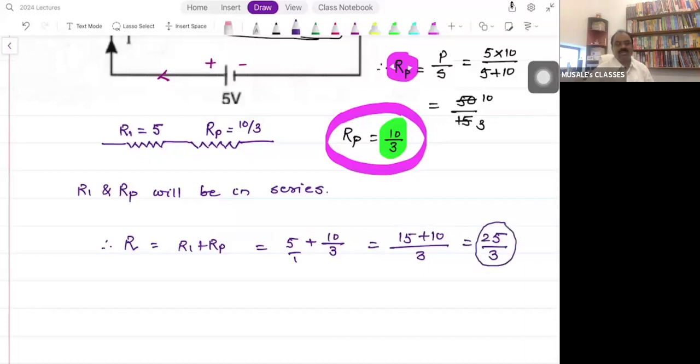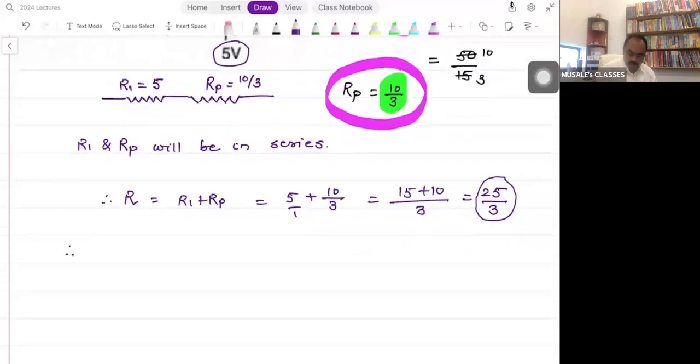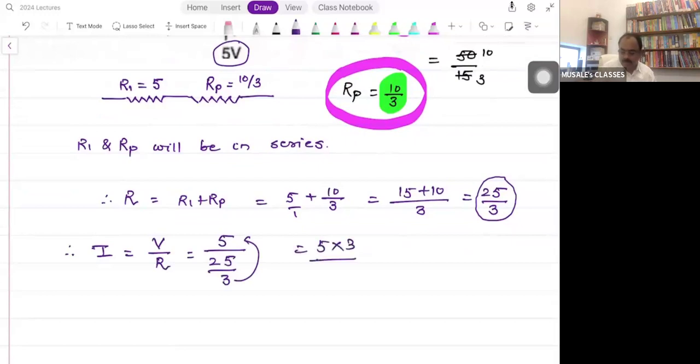आता त्यांनी पोटेन्शियल आपल्याला दिलेला आहे सेलचं. Therefore, I is equal to V upon R. V is 5. R is 25/3. R3 इकडे येईल. So 5 into 3 upon 25. So this is 5. Therefore, this will be 0.6 ampere. So this is the current given by the battery.